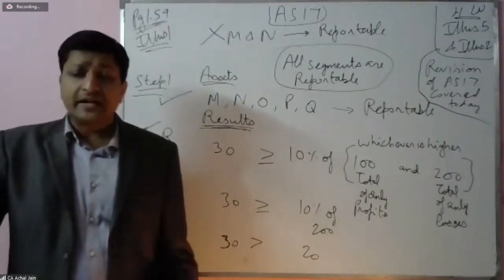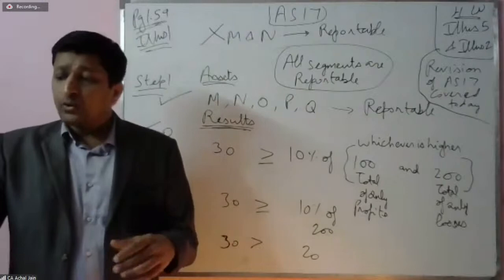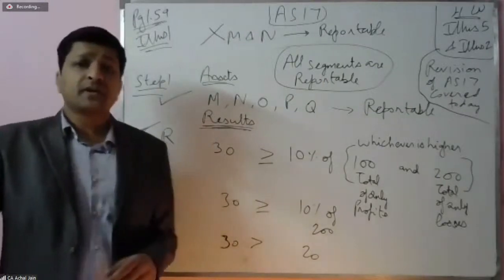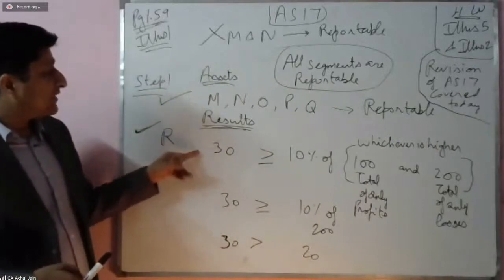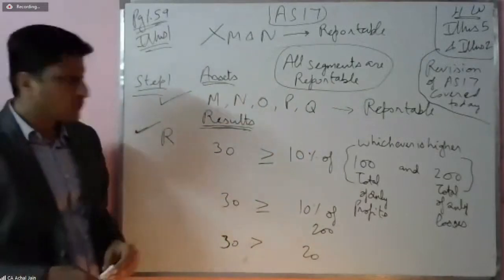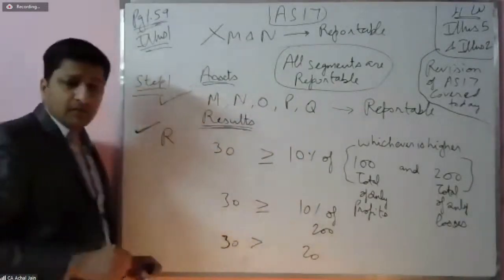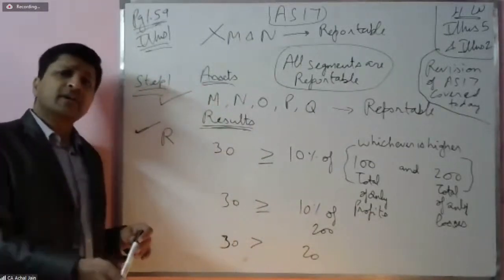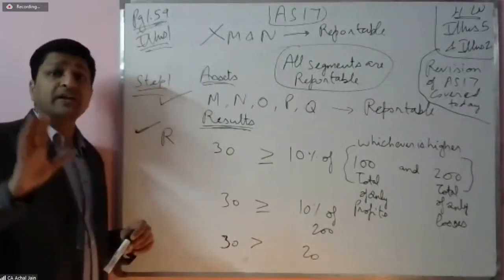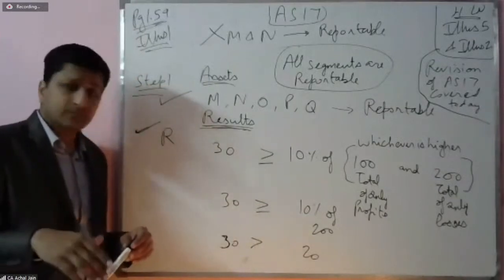Ray is asking, sir, that means it's up to me to take any segment as per segment results. Yes, it's up to you. If you find that out of these segments, let's suppose M or N were also reportable on the basis of results, so you show it on the basis of results, provided your assessment is correct. Yeah.